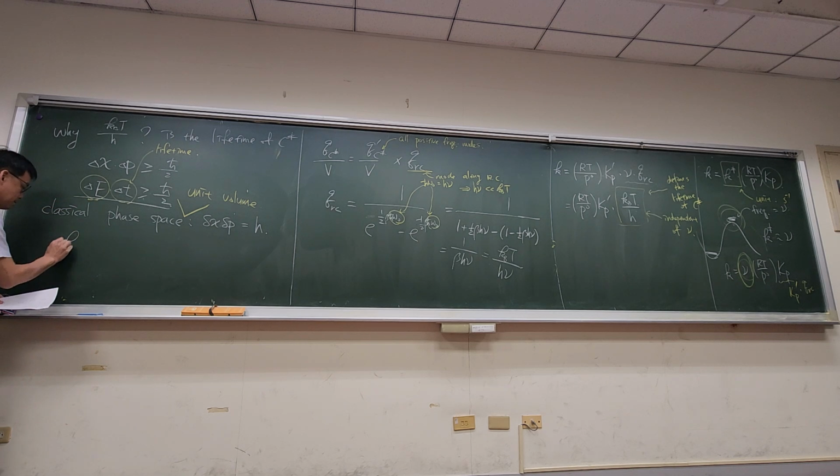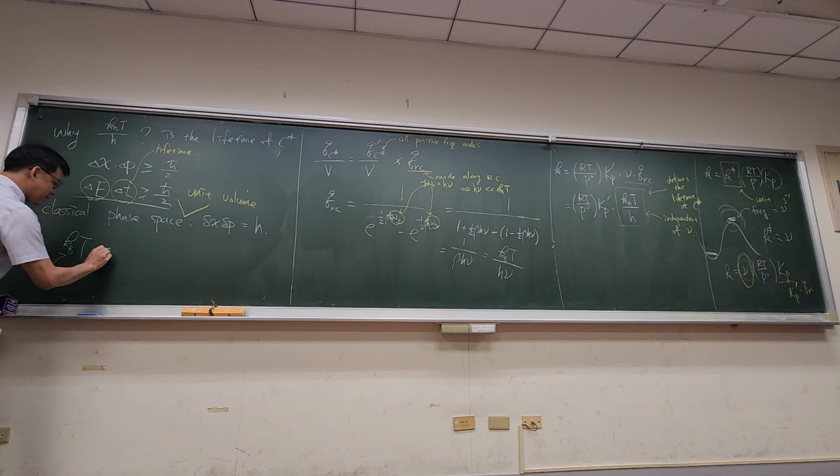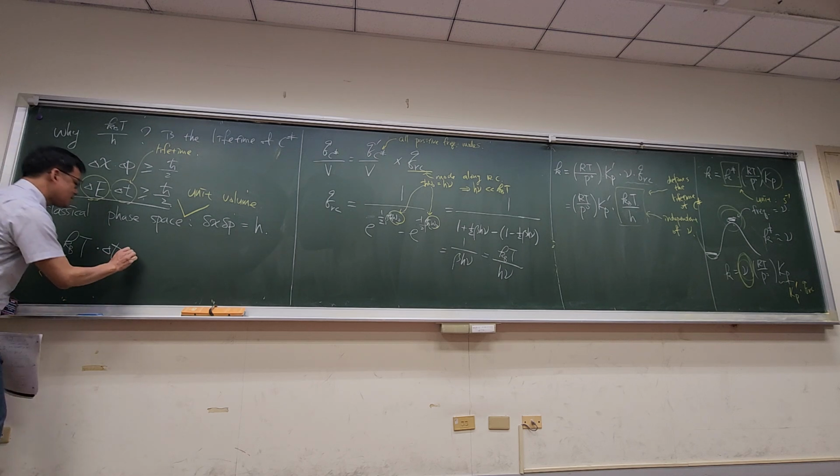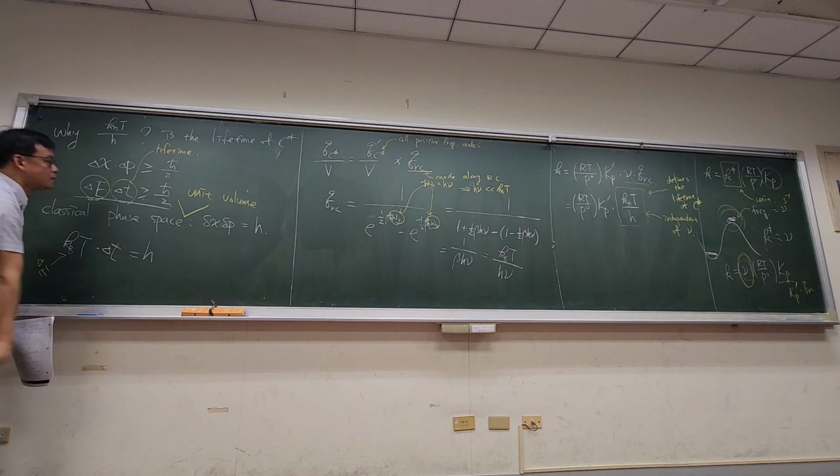So we will have E times your lifetime, still delta t, should be approximately h.